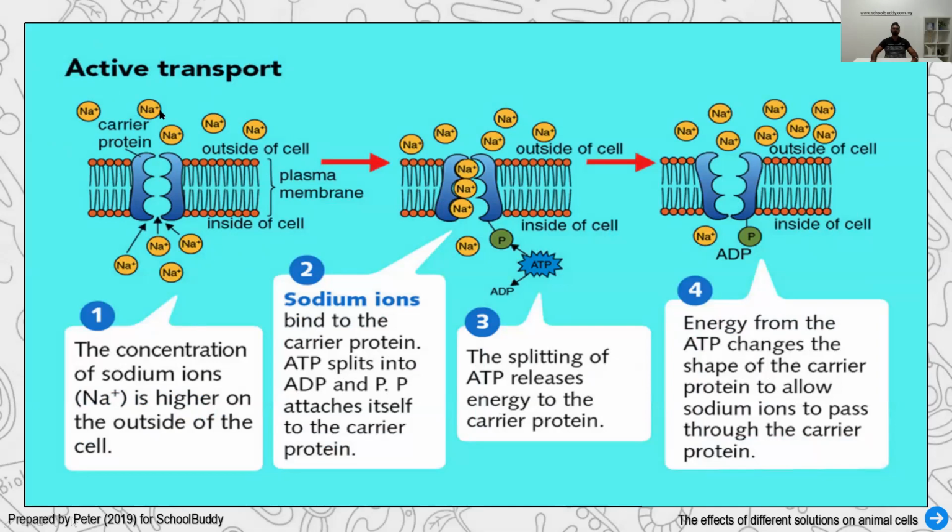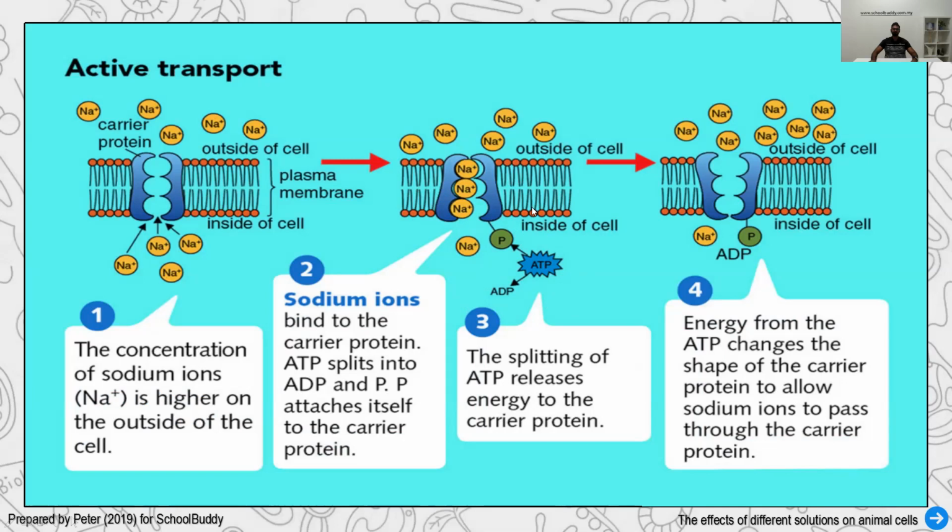First, the sodium ions will bind to the binding site, and when they want to go into the cell, we need to pay a price. The price is paid by the use of energy. We can see ATP is energy.